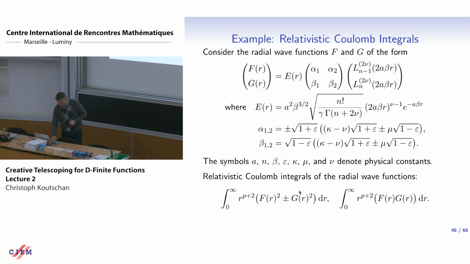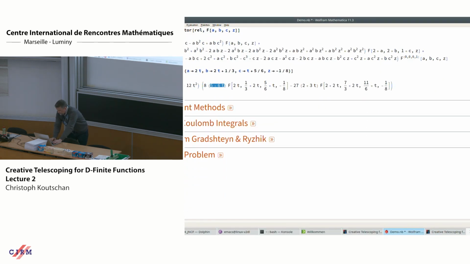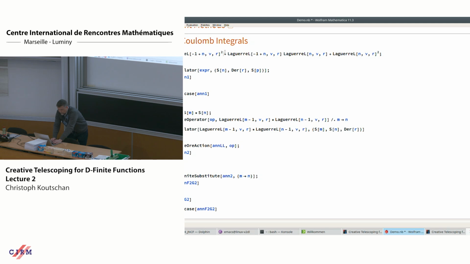And then, for example, we want to compute the integral of f squared plus g squared. I don't compute the integral yet, but I prepare the computation, because first what we have to do is transform this explicit representation of the function into an implicit one, namely we have to compute an annihilating ideal for this function. How does this work?